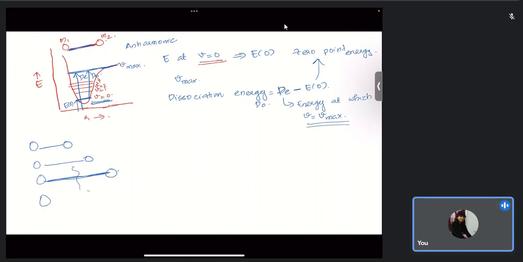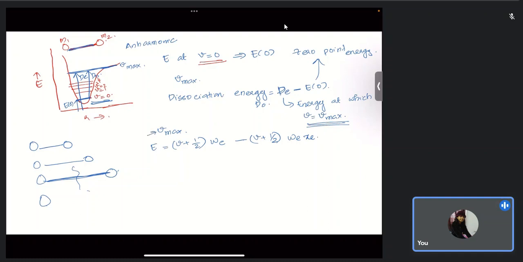So if we know what is V max, we can put that value in the formula to find the energy of an anharmonic system, which is V plus 1 by 2 omega E minus V plus 1 by 2 whole squared omega E xc. So this is the energy of the system at a particular V value when it undergoes anharmonic oscillation.